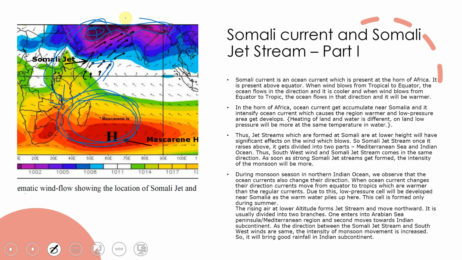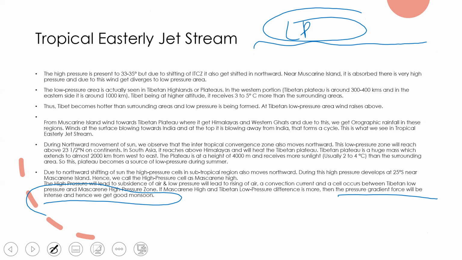Like, if we have a very deep low pressure on the Tibetan plateau, then we will get intense convergence zones, a high gradient force, the convection current will be high, and ultimately we will get a good, speedy monsoon in that area.